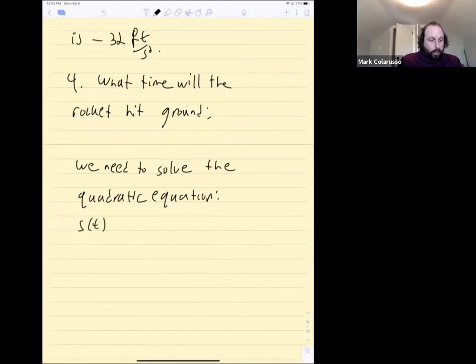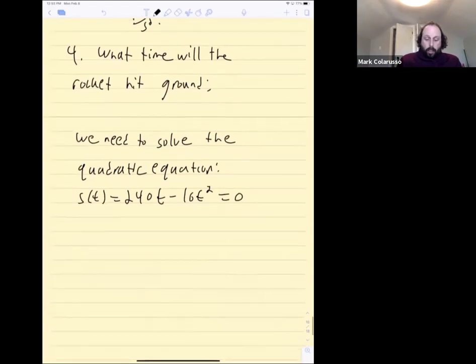S of t equals 240t minus 16t squared equals 0, right? The ground is position 0, where the rocket starts off. So there's going to be two solutions, and one of them we can kind of ignore and understand what it means, but we need to factor the equation. 240t minus 16t squared equals 0.